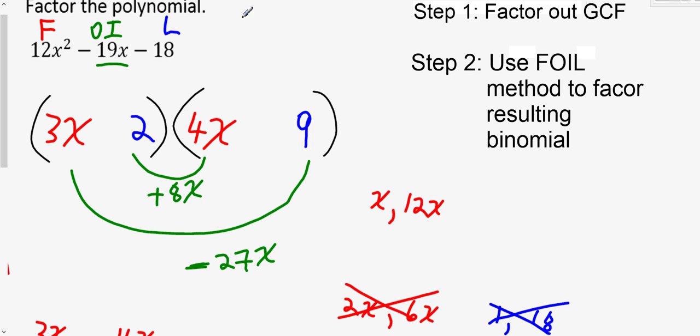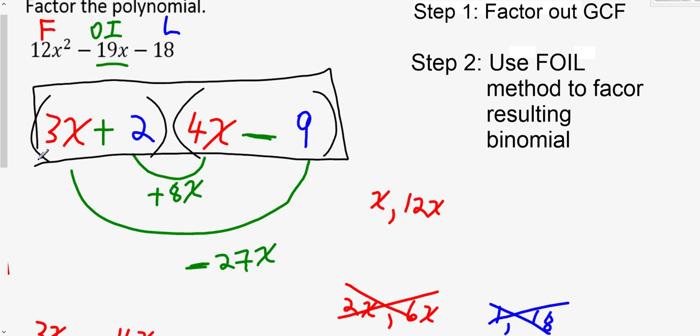So that means I'd have to have a minus sign here to get the negative 27 and a plus sign here to get the positive 8. And here we have it. This is the factorization of my polynomial. These are the two factors. This would be the final answer right here: 3x plus 2 times 4x minus 9. And this is how you factor trinomials.